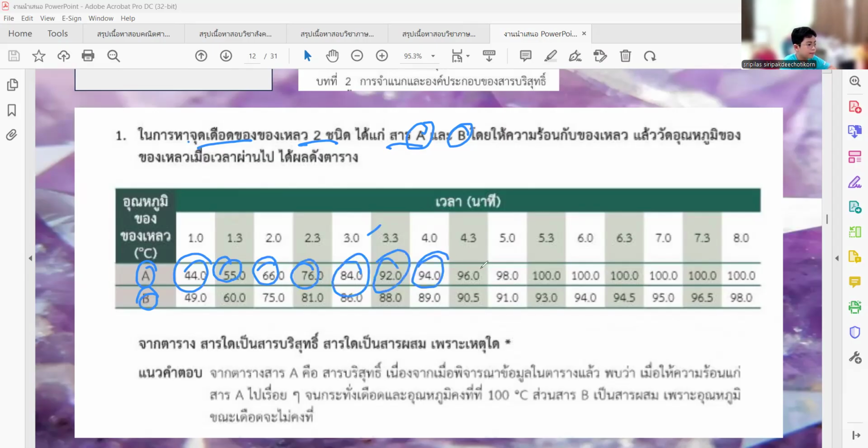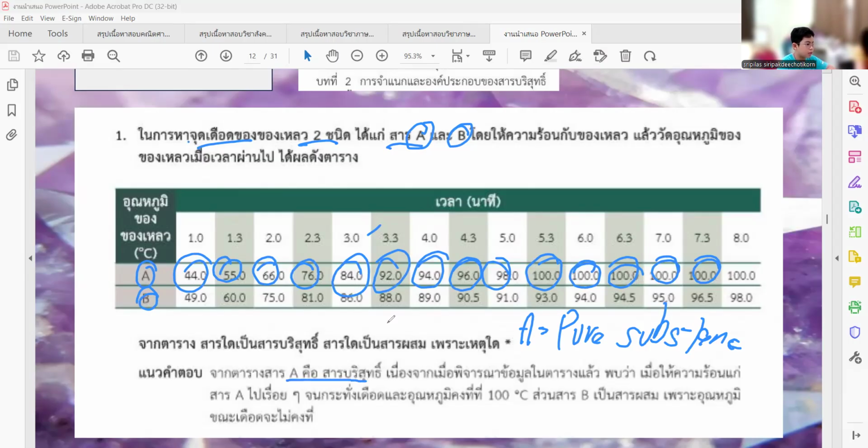After about 5 minutes, look at this: 100, 100, 100, 100, 100. What does this mean? This means that A is concluded to be a pure substance. Am I right or wrong? Let's see. Look at this. A is a pure substance, so I'm right.